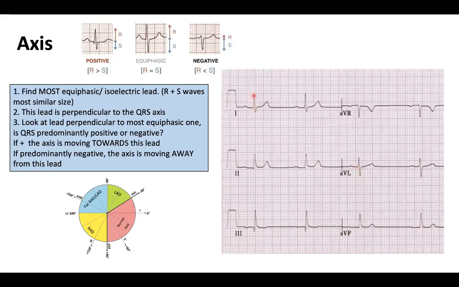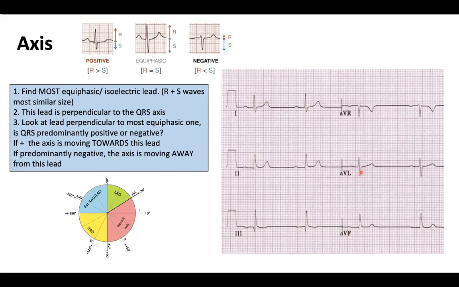Lead 1, R wave is mostly positive and the S wave is very small. So this can't be the most equiphasic. AVR is only negative, so no. This one is mostly only positive, only positive, only positive. And here is a positive R and an equally negative S.